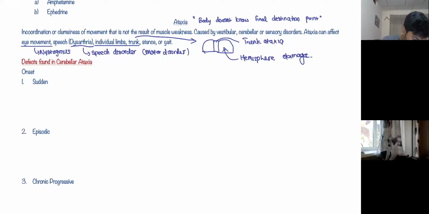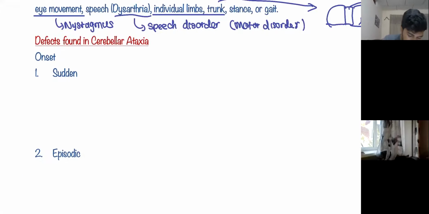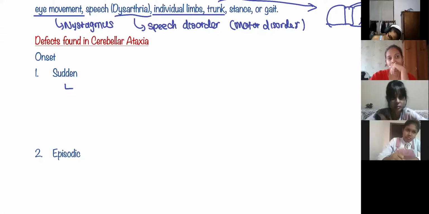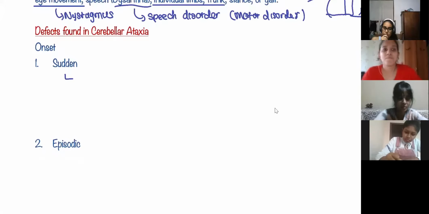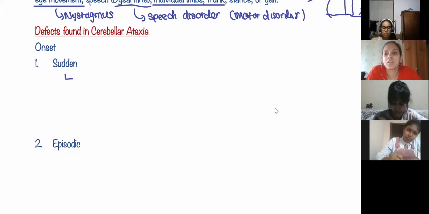Can someone tell me a cause of sudden onset ataxia? Patient was fine, suddenly unable to move. Okay, not unable to move. He walks like a drunk. I gave you guys the answer.